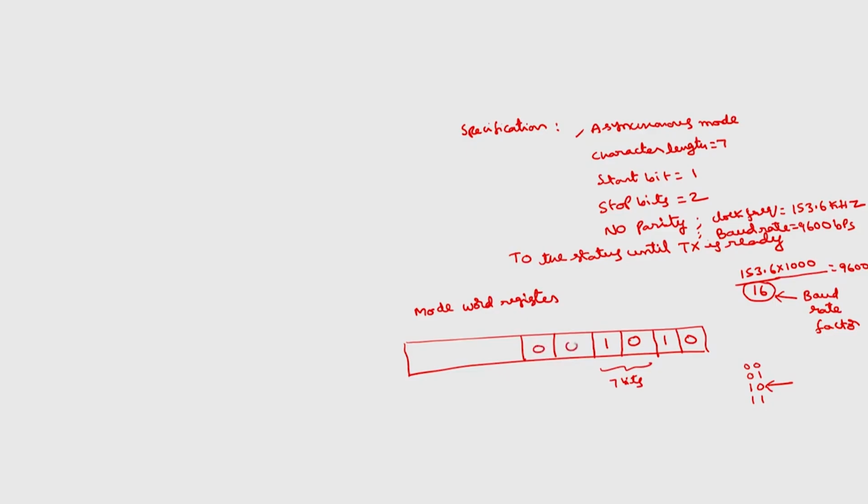No parity means 0 0, X 0 is no parity. I will take do not care also as 0. So, this will represent no parity. This will represent character length is 7 bits. This will represent that baud rate factor is 16.